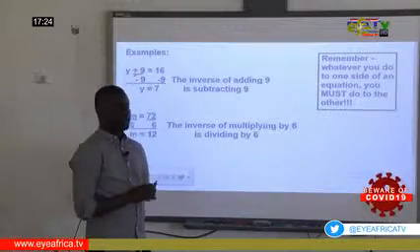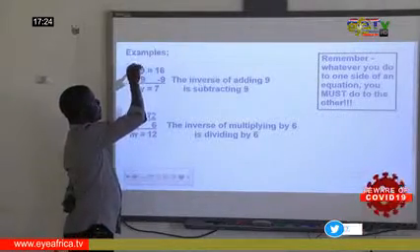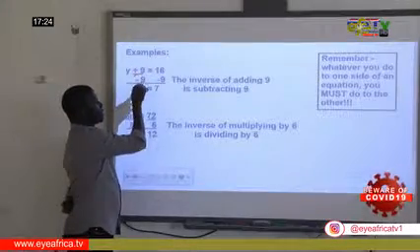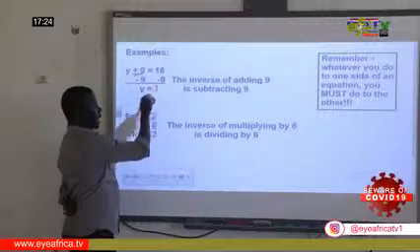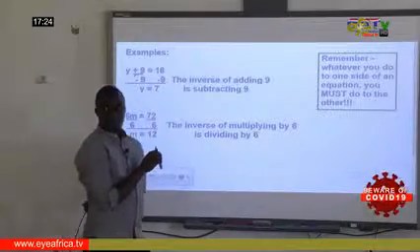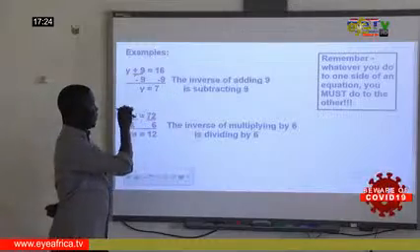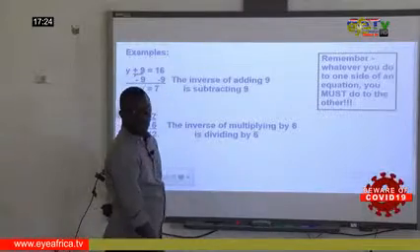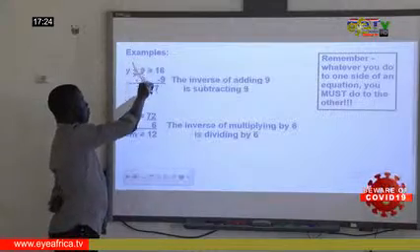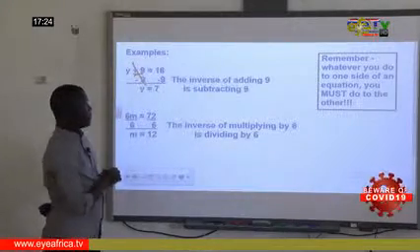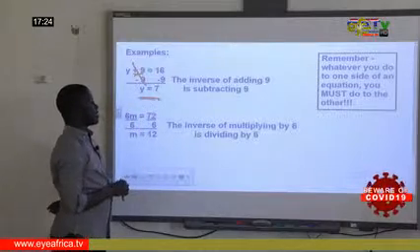How do we do it? By taking the inverse of plus 9, which is what? Minus 9. So in subtracting 9 from both sides, remember we must do justice to both sides. Whatever we do on one side, we must do onto the other side. So this undoes the 9. We have y equals 16 minus 9, which is 7.